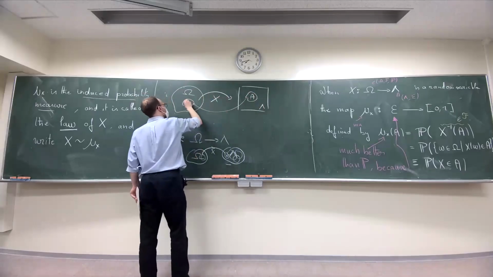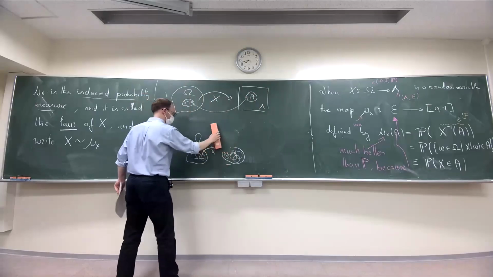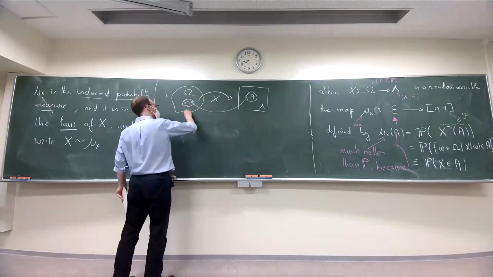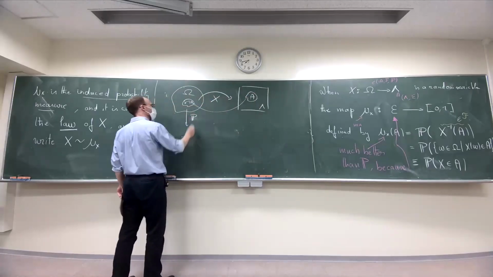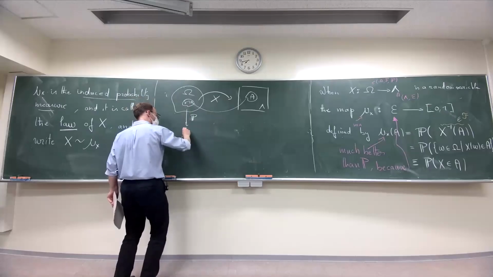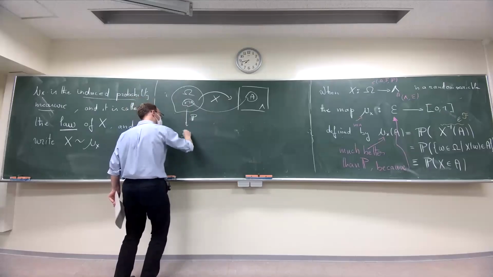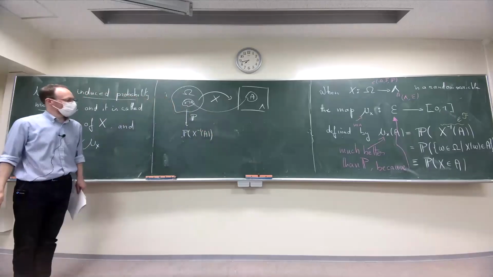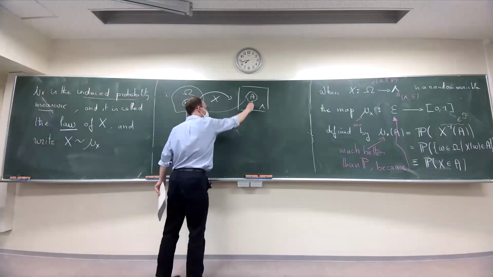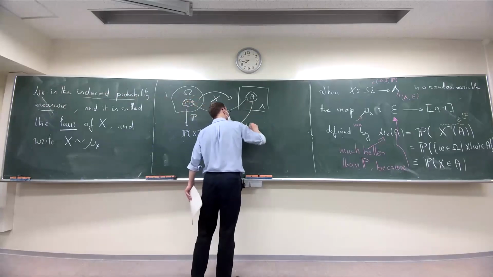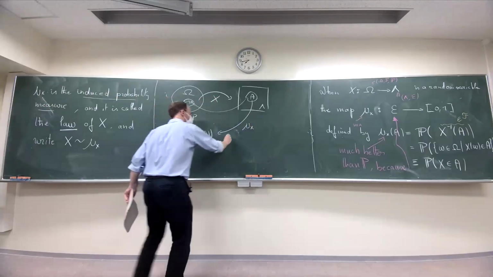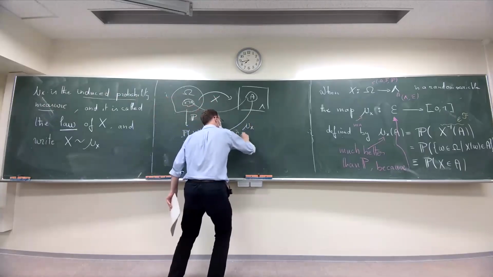So this one is X minus 1 of A. Now, P is a way to measure. This is P of X minus 1 of A. But this is complicated. So from here, I introduce this mu X, and this belongs to 0, 1.